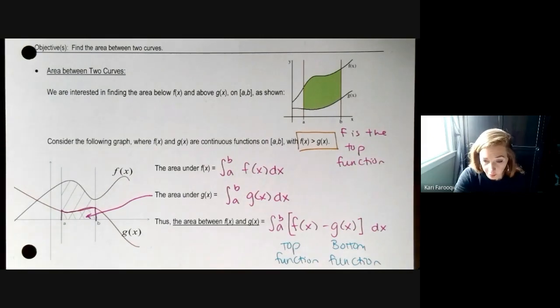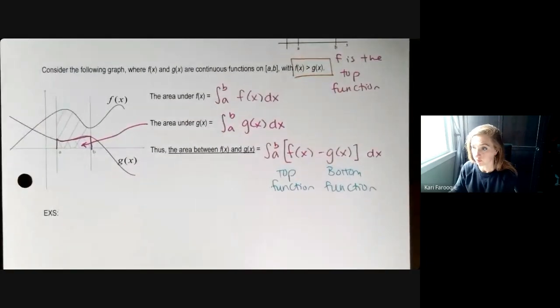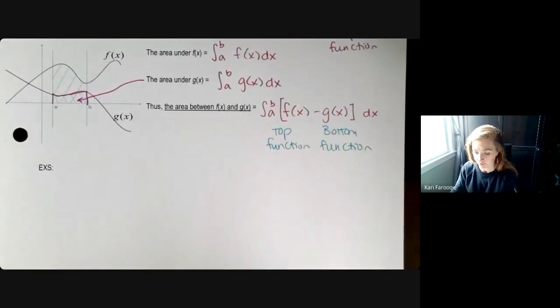Okay, and you can see why that would have to be. So let me give you an example of what this is going to look like in an exercise for you, the type of thing you'll be seeing on your homework.